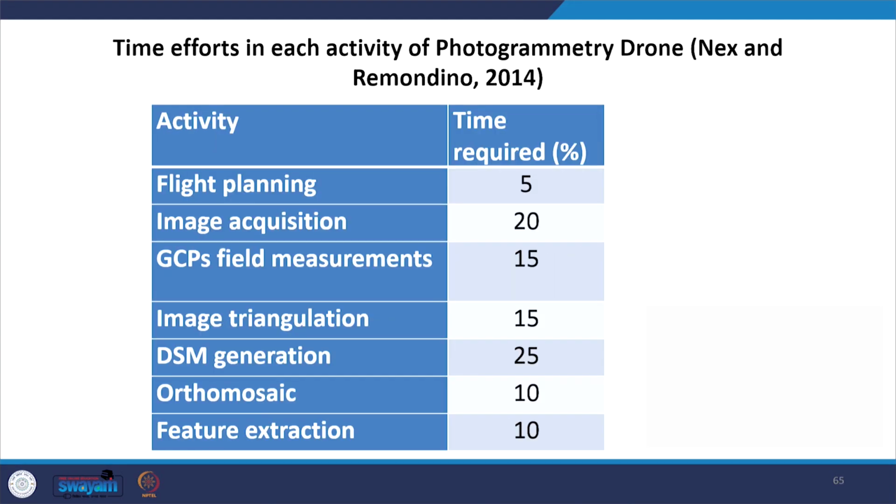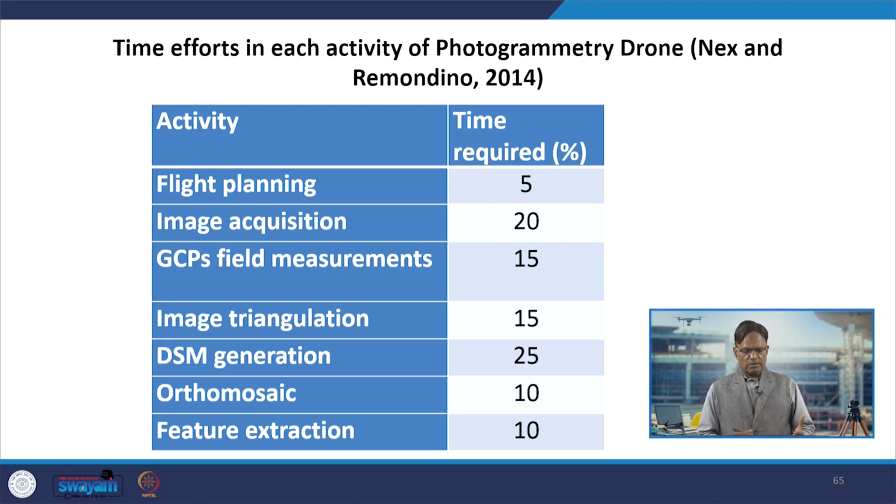As we see the time and effort for each activity of the photogrammetric drone: 5% in flight planning, 20% in image acquisition, GCP measurements 15%, image triangulation 15%, DSM generation 25%, orthomosaic creation 10%, and feature extraction 10% of the time.